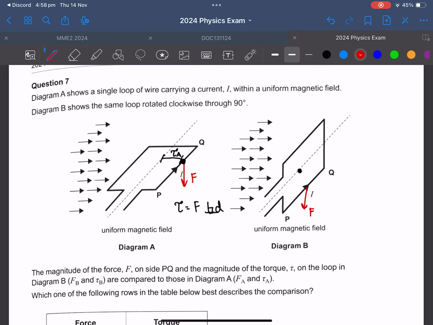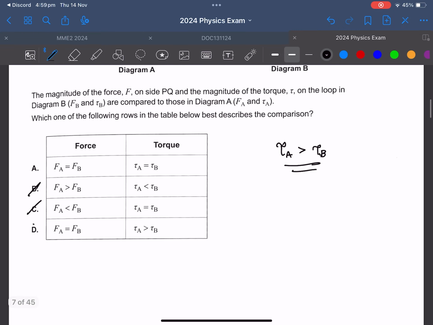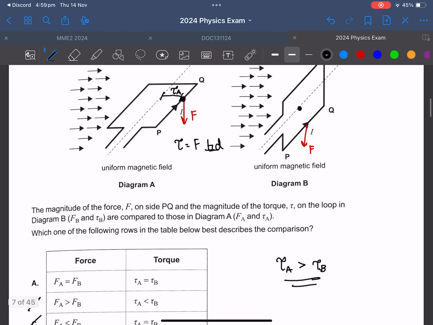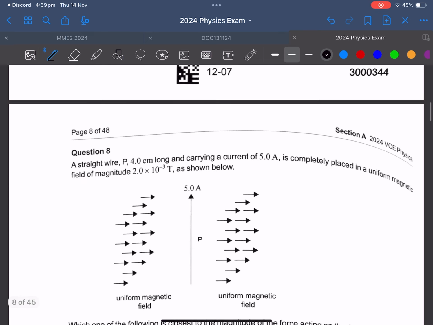However, the distance is no longer perpendicular. So our torque A will be greater than torque B. So it's going to be option D for this one, I believe. Yeah. Okay, option D I think is the right one.